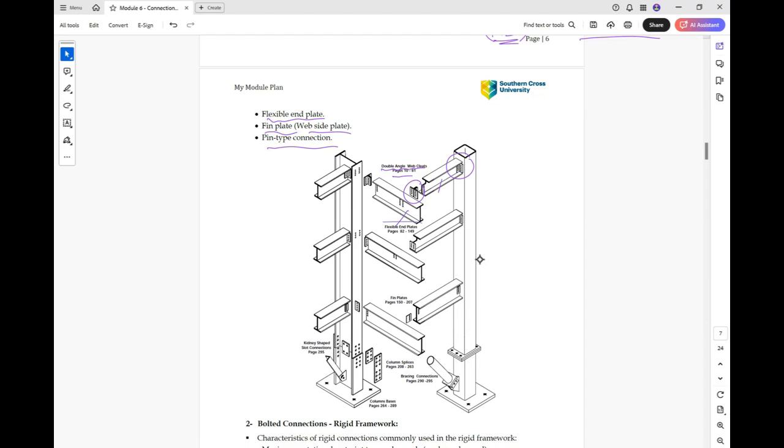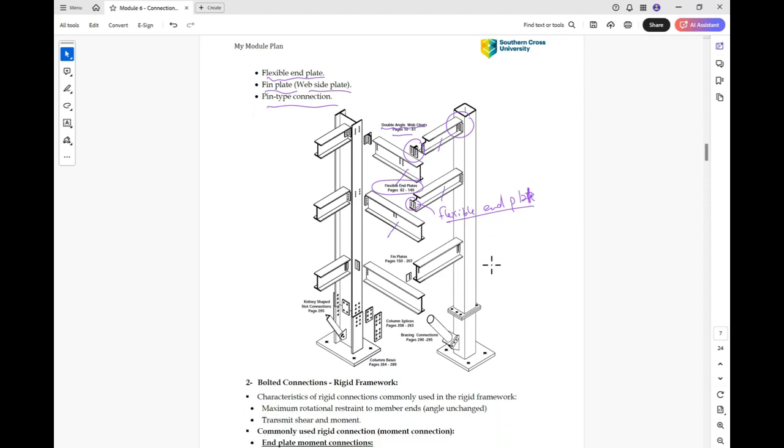Another type of connection is flexible end plates. This is the flexible end plate, connecting this beam to this beam. Here is the fin plate, connecting this beam to this beam.